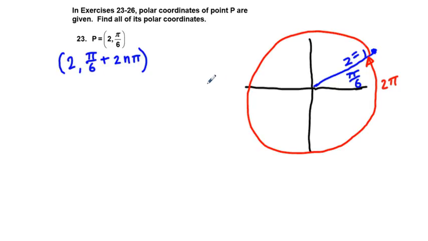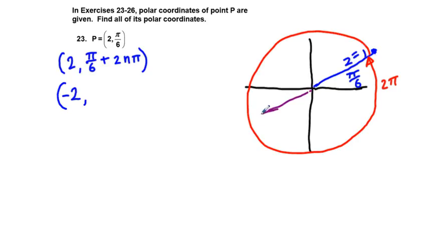But what happens is that in polar coordinates, we can also have a negative radius, in this case -2, and for that, if we go to -2, which is the opposite direction, I'm going to take that -2 across over here.